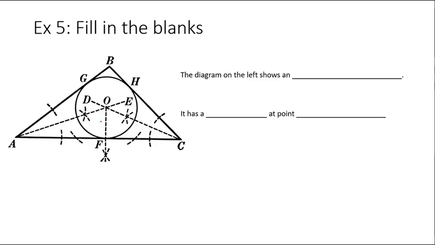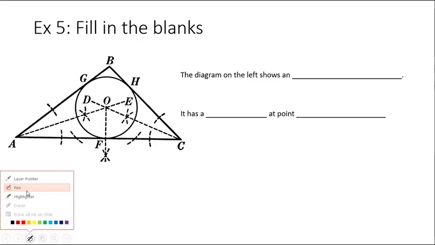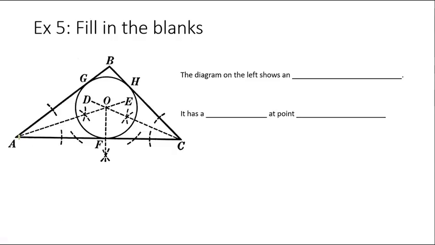In example 5, again here, if you look at the diagram, these segments here are going through an angle. Same thing with this one. They're going through an angle. And you have your circle that's inside of the triangle.